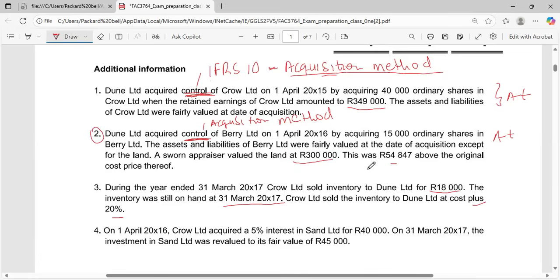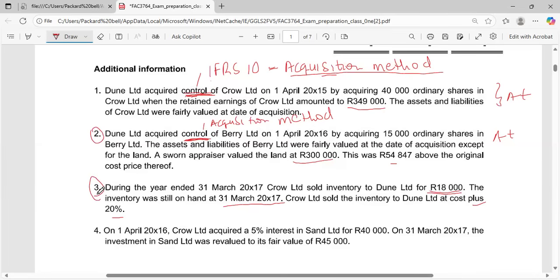Remember, we're using the acquisition method, so we are going to eliminate the full intra-group unrealized profit. If we are using the acquisition method, we eliminate the full amount of the unrealized profit. So here on number 3, we are going to have unrealized profit in intra-group sale.